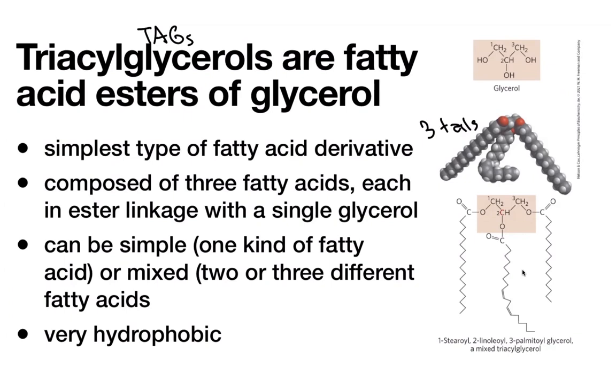Going back to our idea that a carboxylic acid group can interact with an alcohol group to form an ester, that's what we're going to see here. We have these ester linkages.